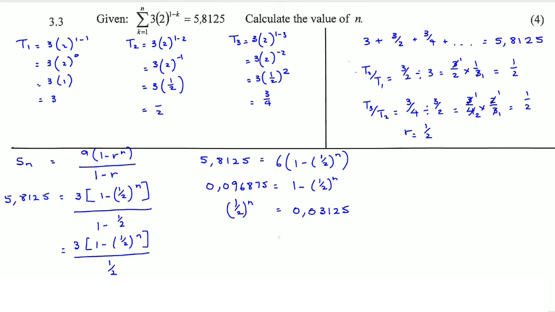We can write that as 1 over 32. So half to the power n is equal to 1 over 32, and 32 can be written as 2 to the power 5. So n is equal to 5.